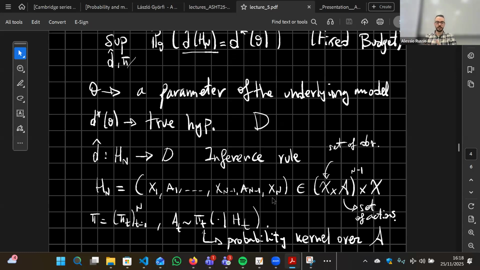In the bandit case, this initial observation is simply null. You don't observe anything. But in Markov decision processes, usually the initial observation is the initial state. So this is a more general way to model the problem.